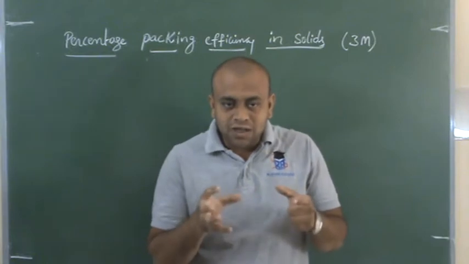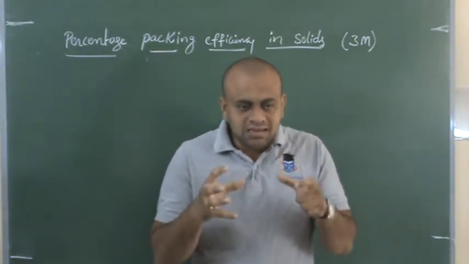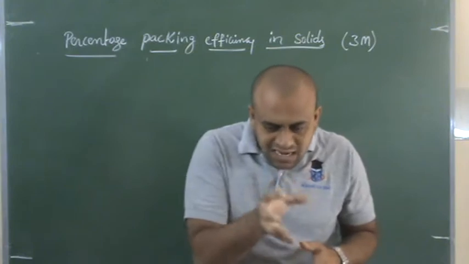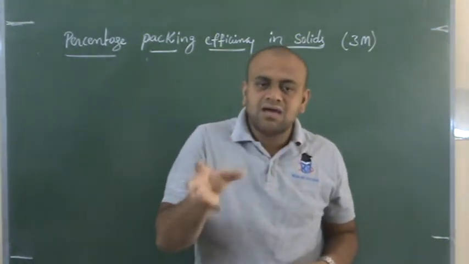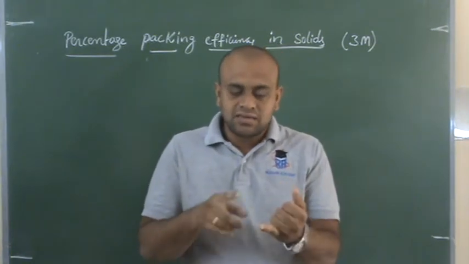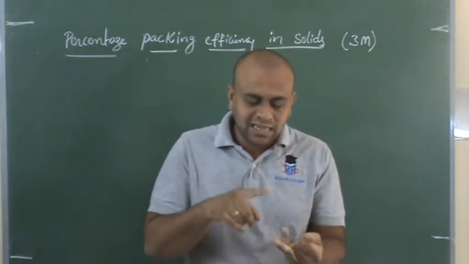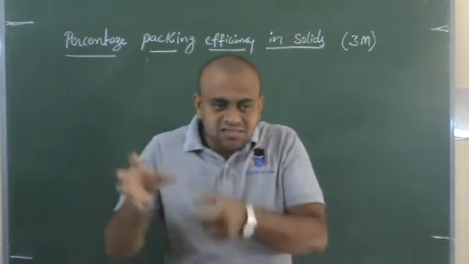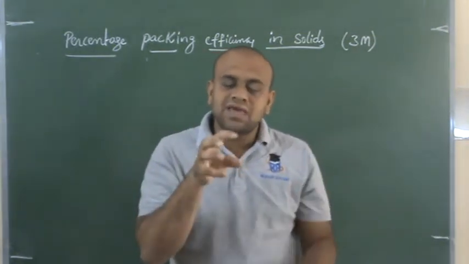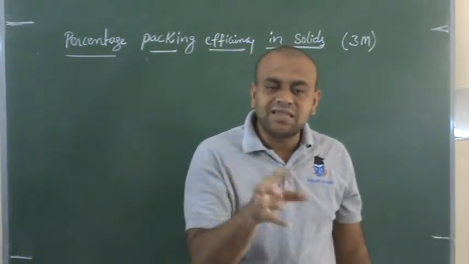So here what I want to say is, in solids the particles are arranged. We discussed in 3 dimensions square close packing and hexagonal close packing. If particles are arranged, what happens? There will be gaps in between the particles.